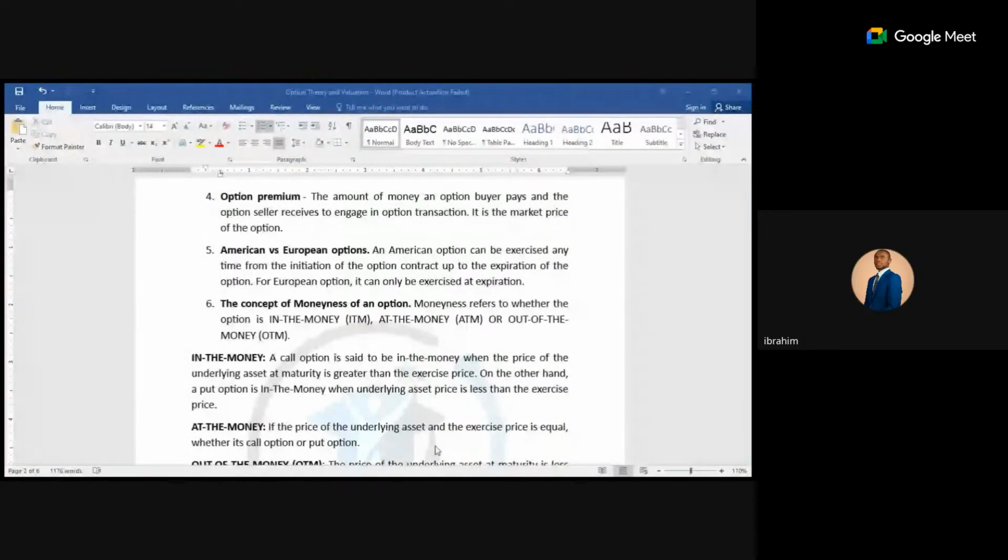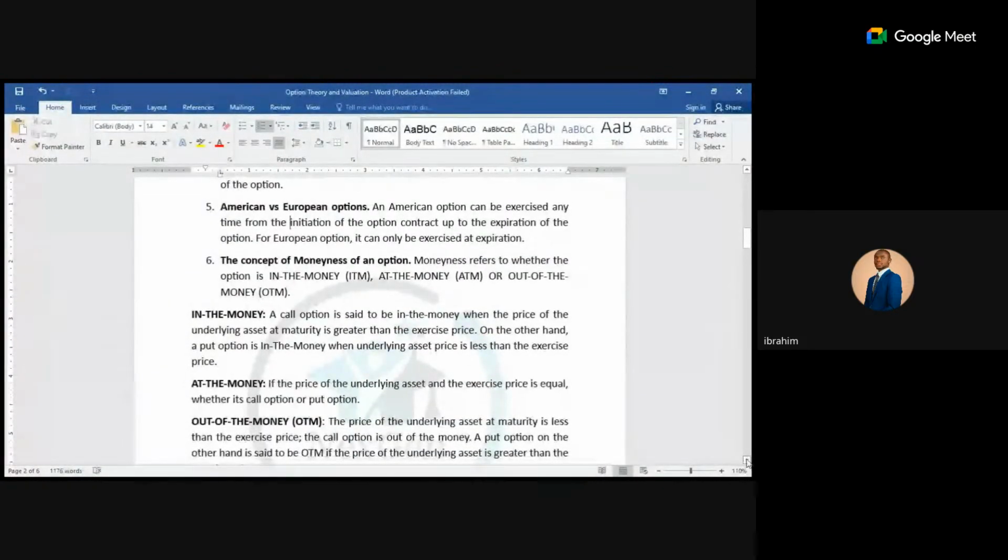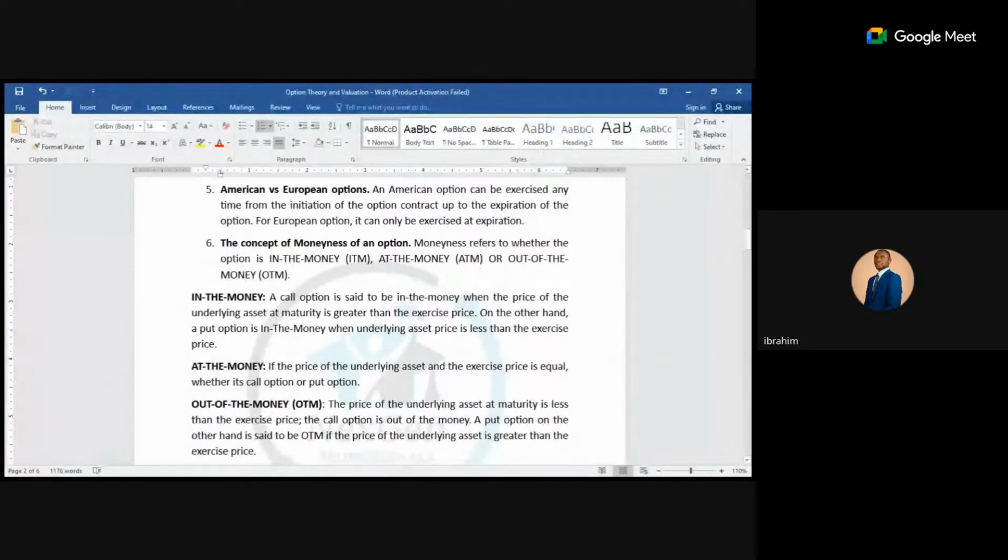Now, European call option versus American call option. We usually discussed this in our previous class, right? Where we say American option can be exercised anytime from the initiation of the option contract, anytime up to the maturity, meaning that you can discontinue the option agreement even before the expiration of the contract.